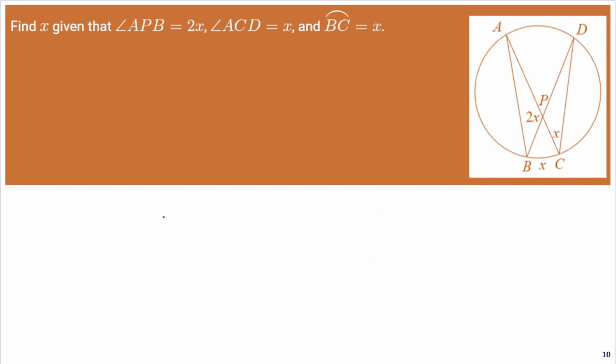So suppose we have a diagram here. Can you find x given that angle APB equals 2x, angle ACD equals x, and arc BC equals x? Again, I'll give you 3 minutes to consider this problem, and then we'll have a look at the solution together, okay?